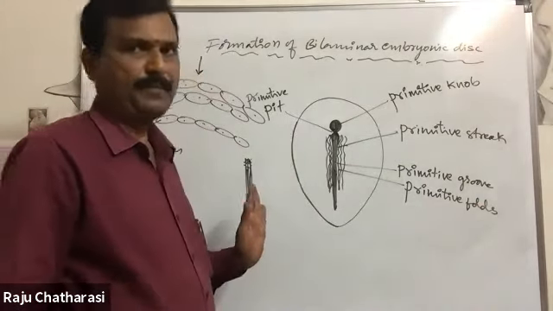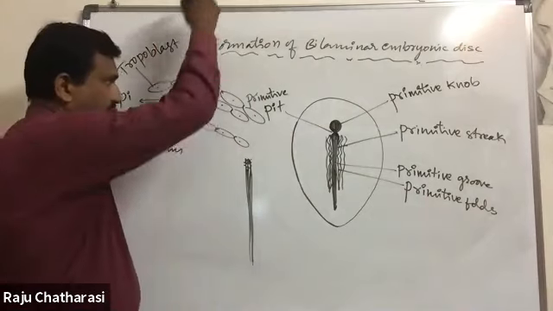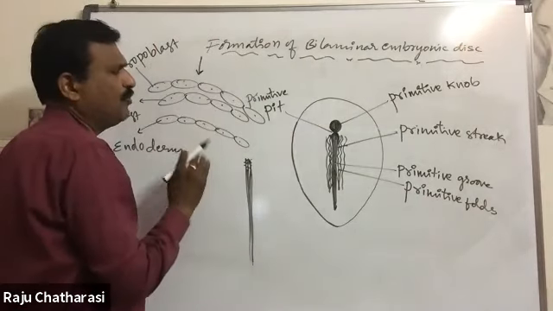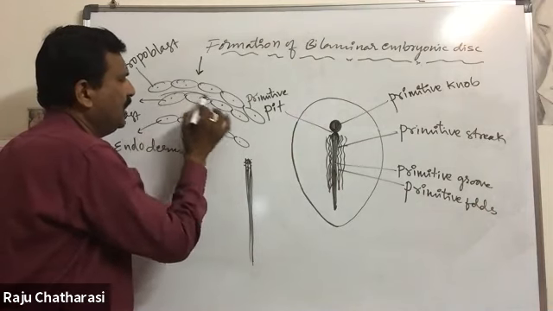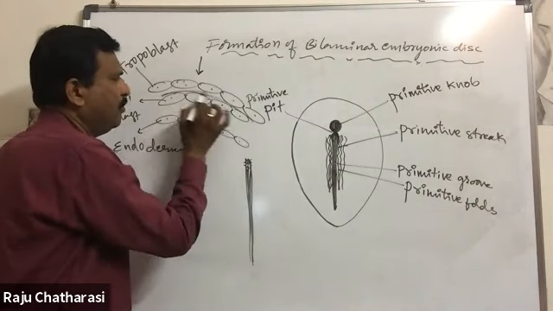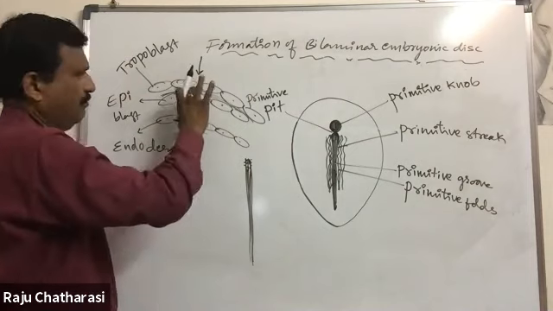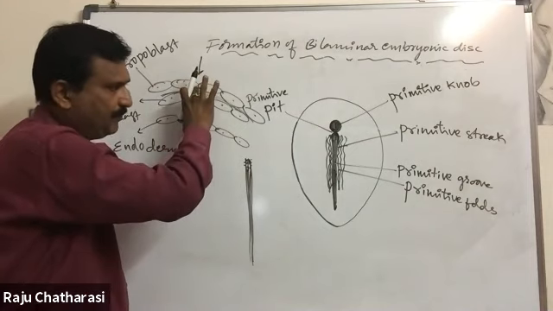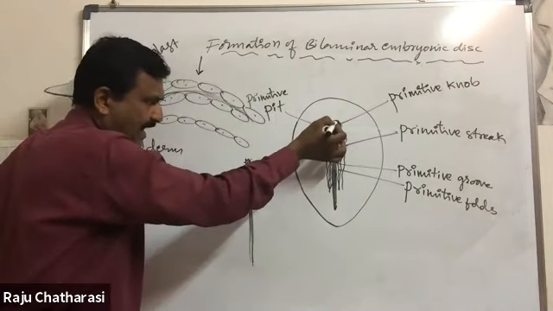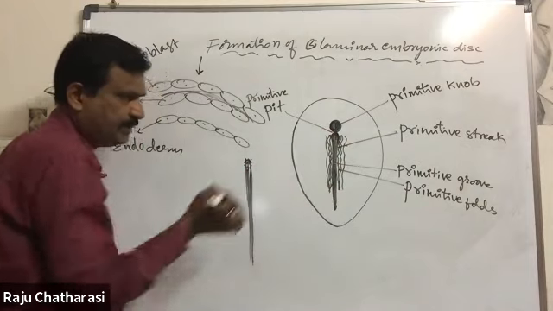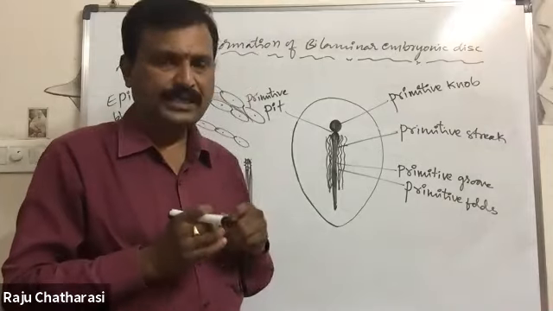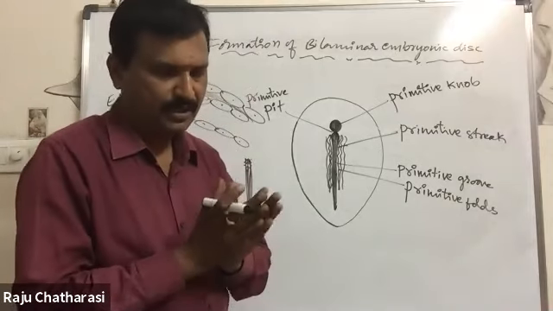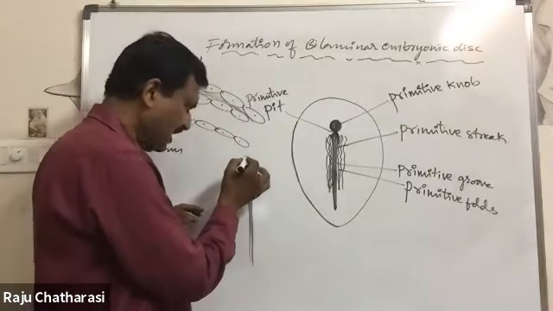See, if we look from the upper portion, on the middle portion of the blastodisc, a longitudinal streak appears. This streak is called the primitive streak, just like a line.